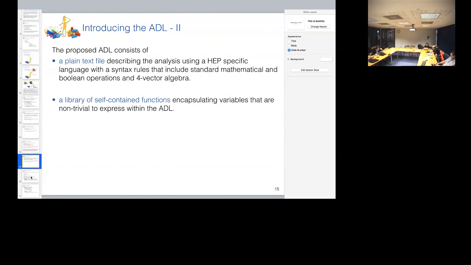Harrison? Yes. This is Gordon. This library with the self-contained functions, is that written in a particular language? Is the ADL expressive enough to write those functions? That's a very good question. The thought is that these things are written in whatever language people deem appropriate, let's say C++.